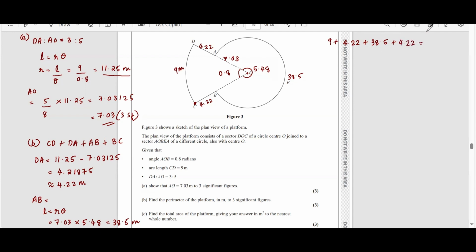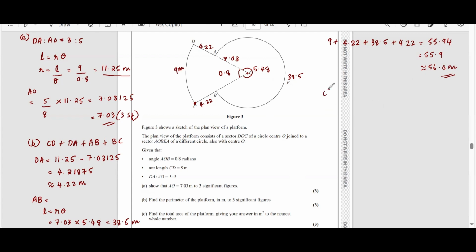When you add them up, you will get 55.94. It's given to find the perimeter in meters to three significant figures. So this will be 55.9 meters will be the perimeter.